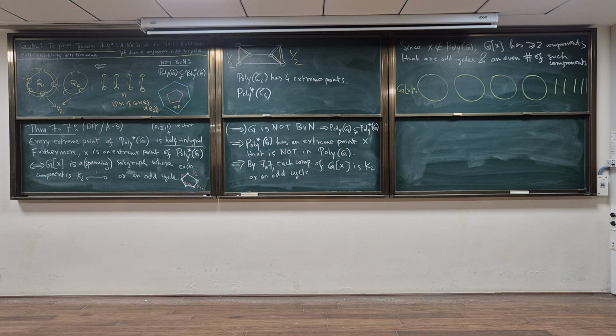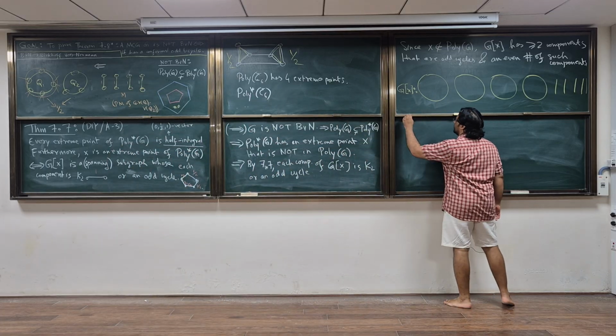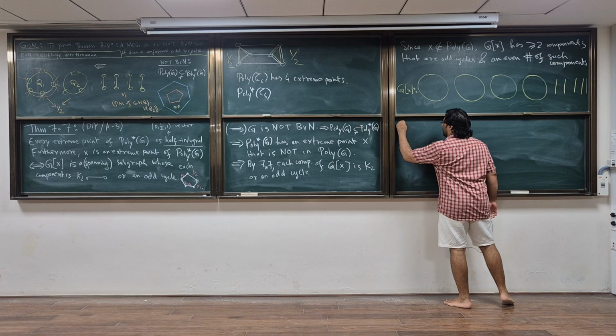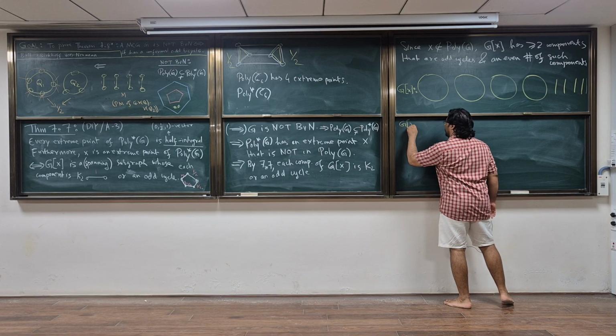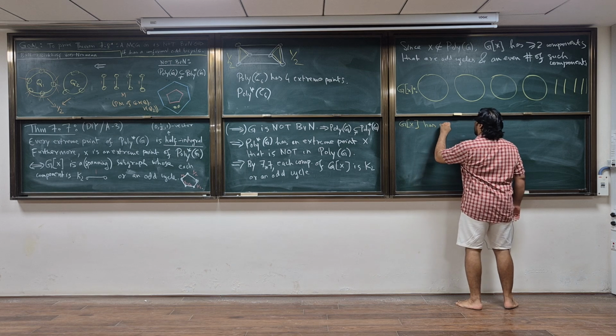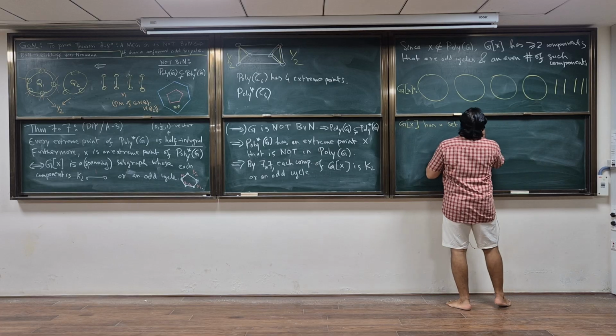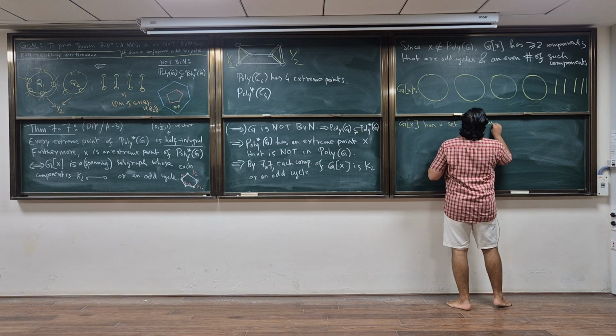Yeah, everybody agrees? In particular, do you all agree that the set of odd cycles is a conformal subgraph? Outside there's a perfect matching. Yeah, okay. So therefore the graph induced by X has a set of odd cycle components.